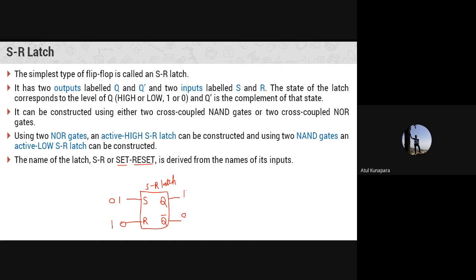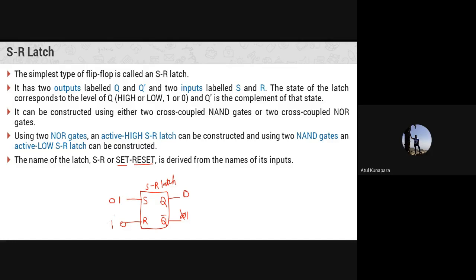Your output Q will be made to 0, and Q bar, obviously, is going to be logic 1. So the output of this latch is made equal to 0. That means we call it a reset condition. That is the purpose of the names set and reset given to the inputs.